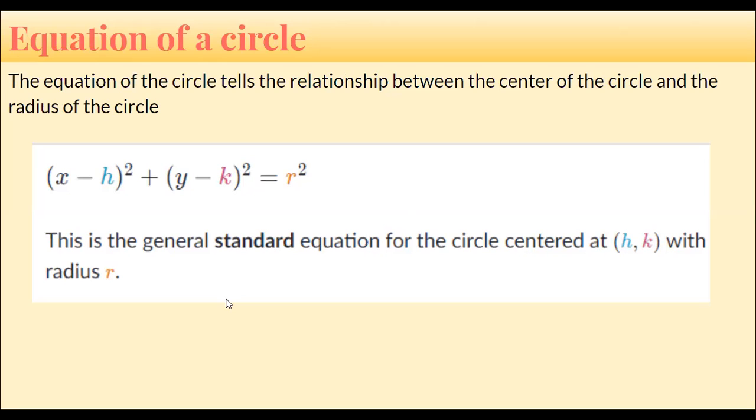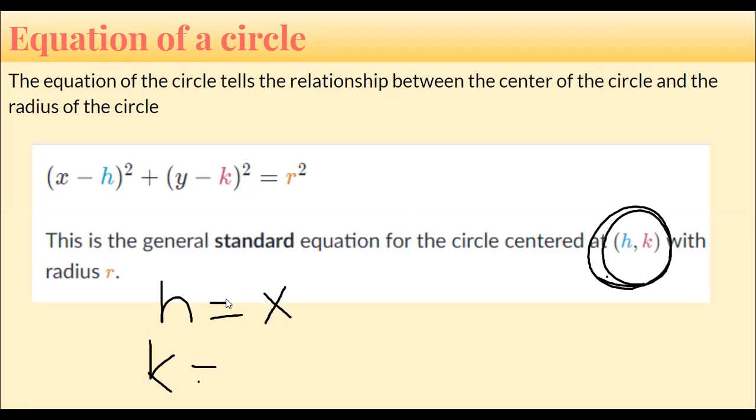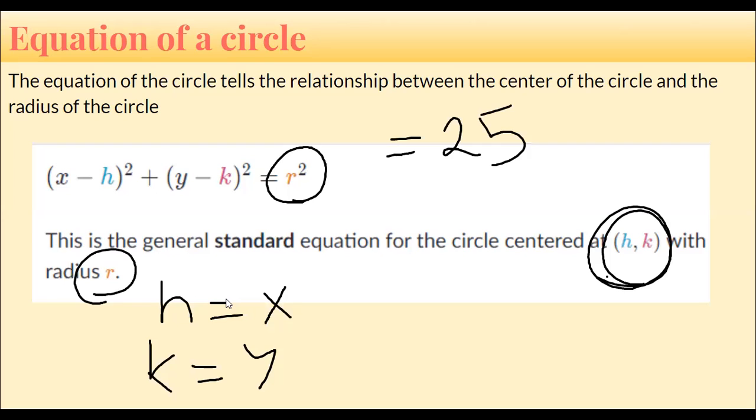Okay, so this is the standard form of the equation of a circle, and it is centered at (h, k). Remember, the center is h comma k. So h is equal to your x value, and k is equal to your y value, with the radius r. Now, where this gets tricky for a lot of people is that they forget that it's r squared. So if you encounter an example where it's given equal to 25, people might simply think, oh, the radius is equal to 25.